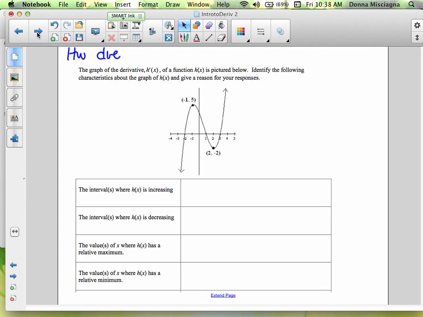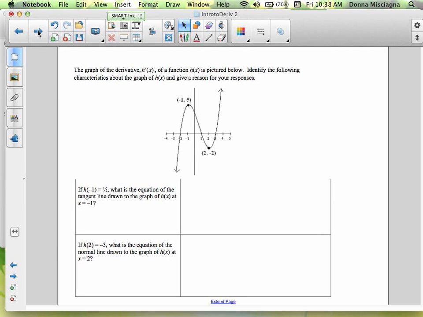This one here is also homework. This time, however, this is the graph of the derivative. So you're going to use the graph of the derivative to describe the graph of the function. And don't forget to give a reason. And you'll see even more reasons in the next lesson, in the next Nearpod, but I wanted to go over it now.